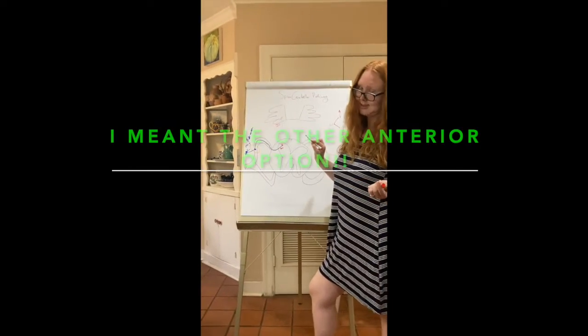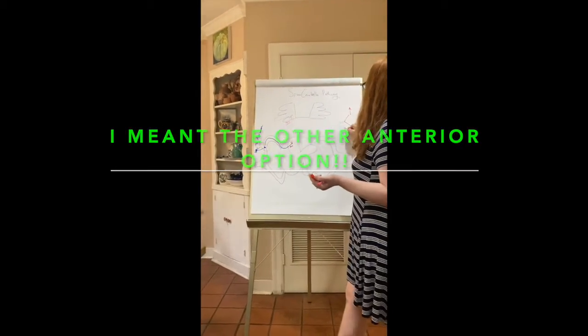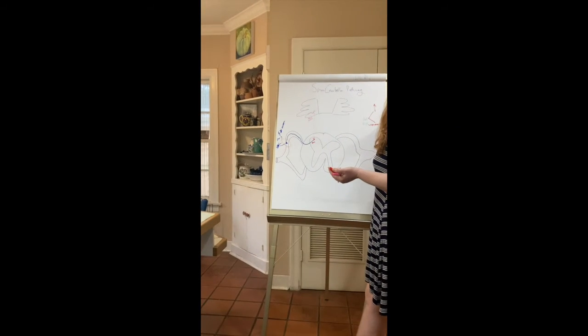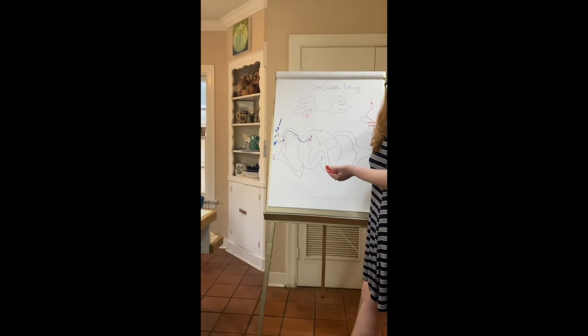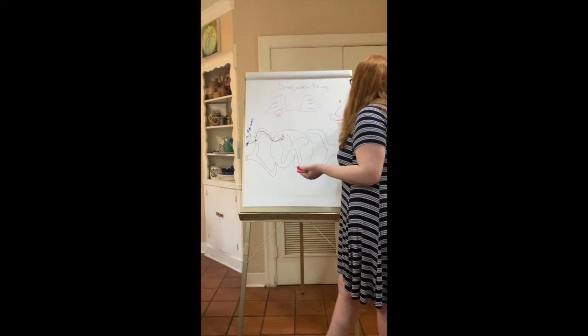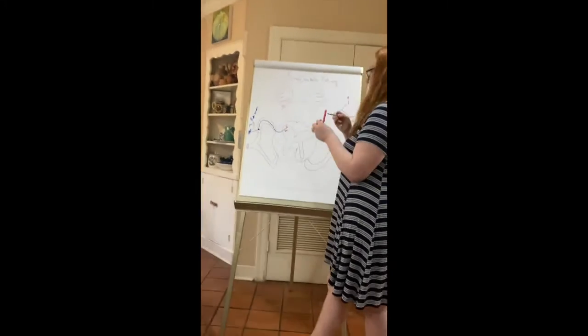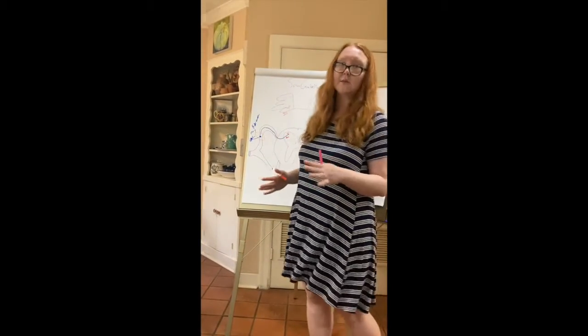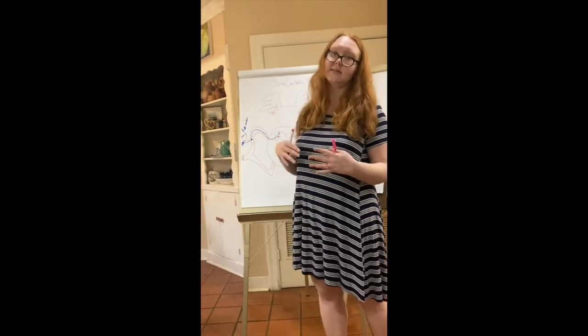Or the other option is a little weird. That's where we get some weird decussating. We're actually going to decussate twice, but we're still going to end up ipsilaterally. It's the traveling part that changes, and it's almost like we're taking the scenic route, but our destination is still the same.